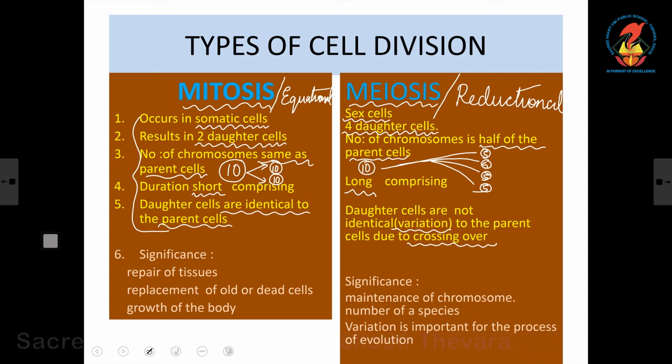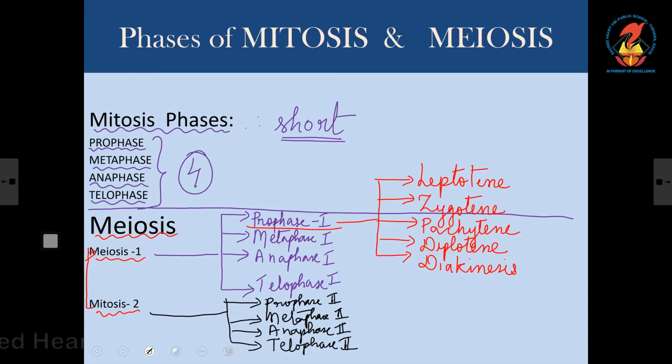They are broadly divided into 2 phases, meiotic division 1 and meiotic division 2, and meiotic division 1 is further divided into 4 stages: prophase 1, metaphase 1, anaphase 1 and telophase 1, and prophase 1 is further divided into 5 substages: leptotene, zygotene, pachytene, diplotene and diakinesis.